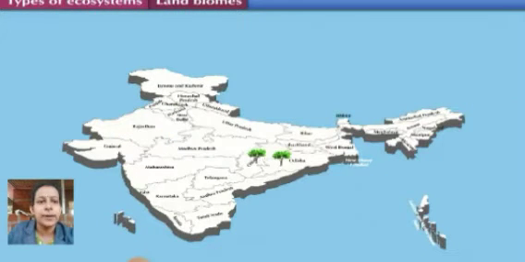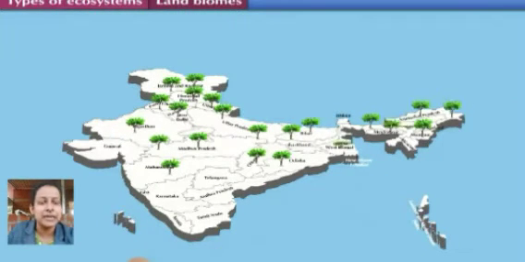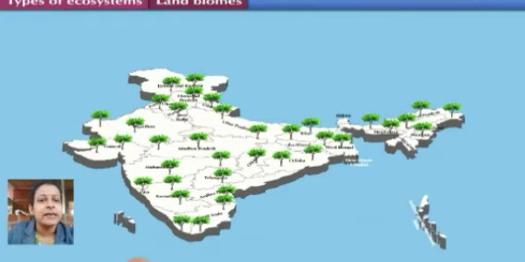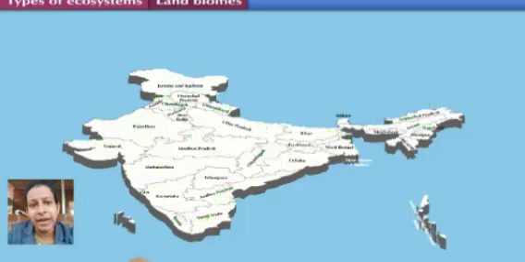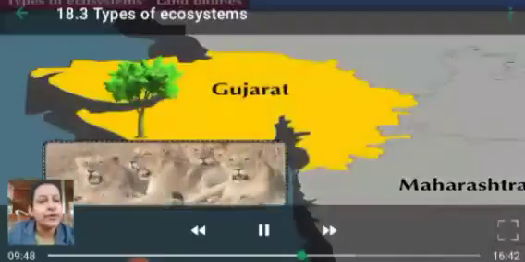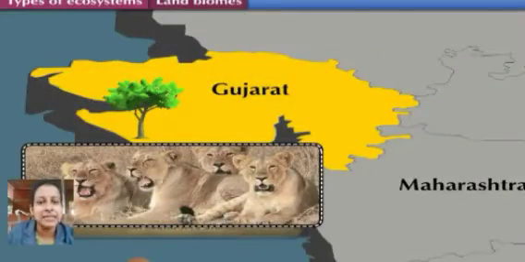In our country, like India, you will find that the forest ecosystem is in many places, and many national parks are selected for certain animals for their protection, because these are found to be rare and endangered species.